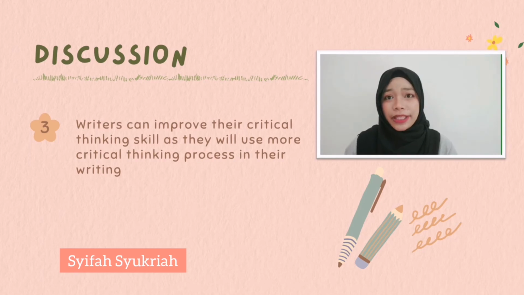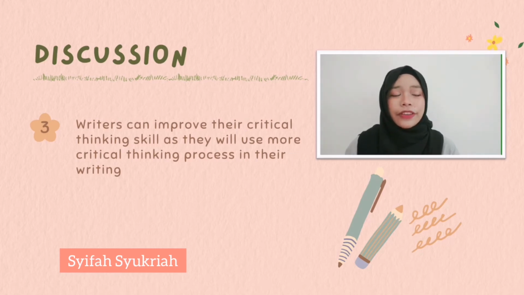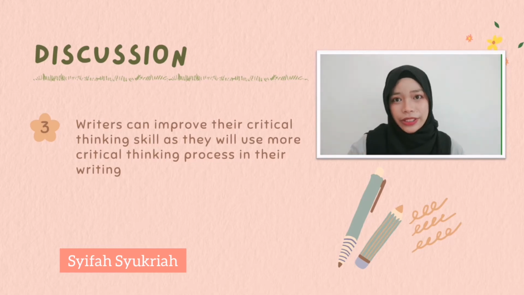So the other implications of the models to the practice of ESL writing, writers will include more critical thinking process in their writing as they will go through the monitoring process to construct their writing text. Maybe at first they will ask themselves how are they gonna construct the writing text using their existing knowledge, which is knowledge telling model.